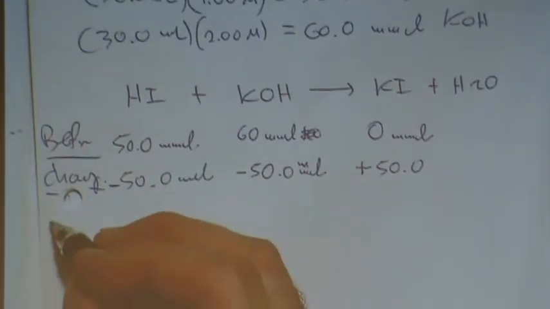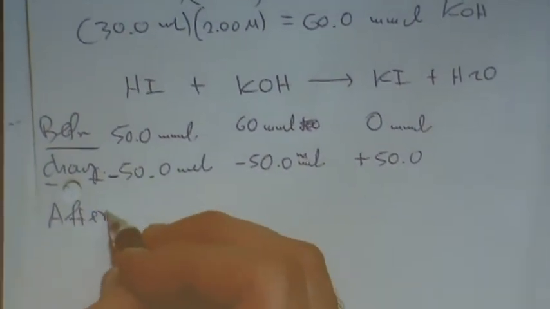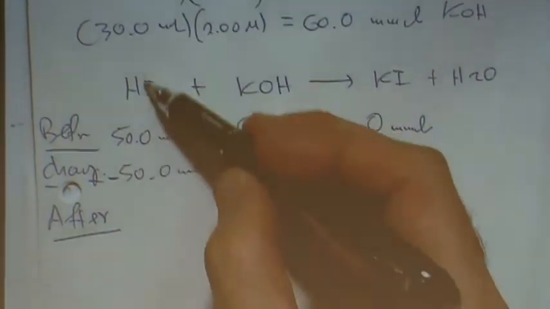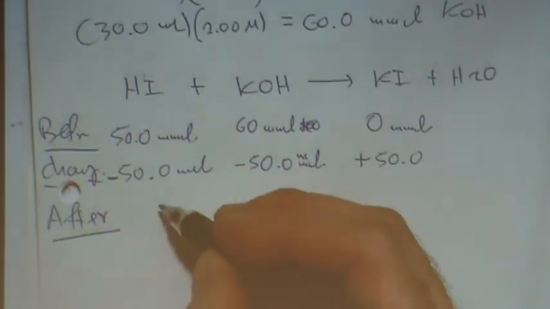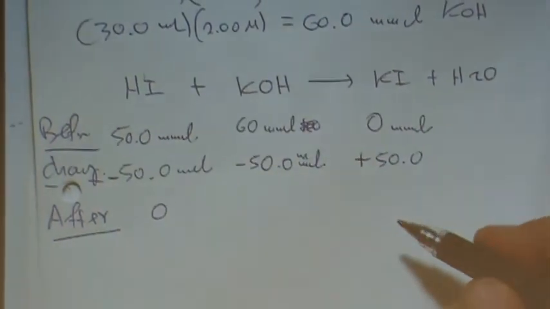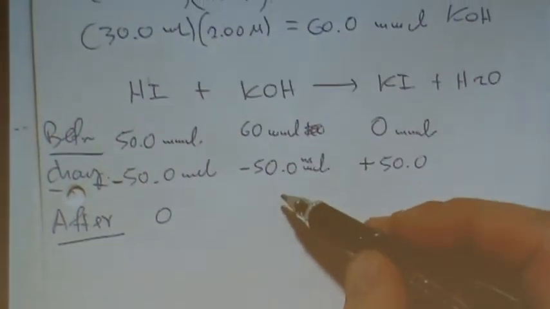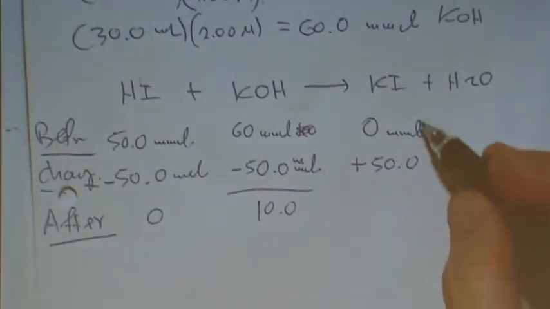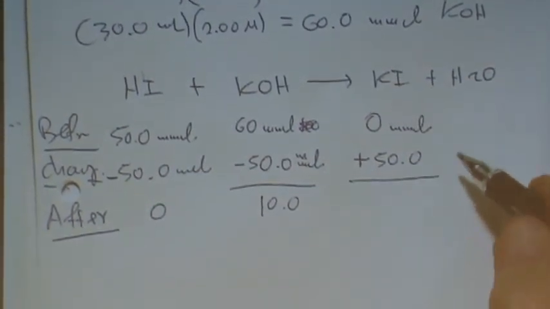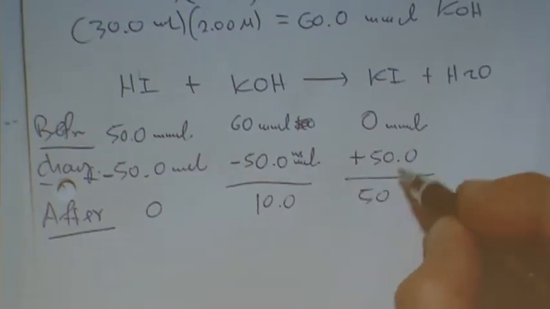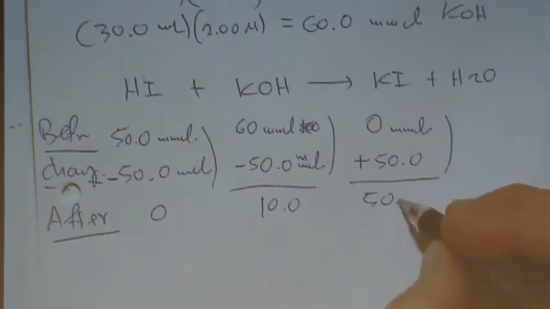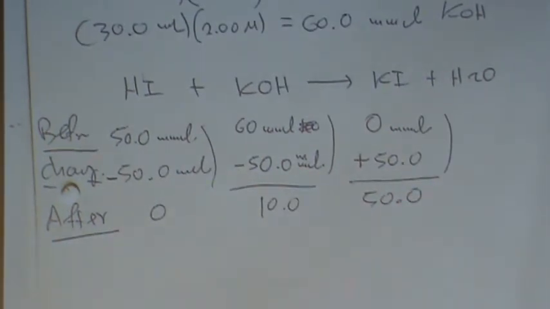So after the reaction is done, how many millimoles do you have of hydrogen iodide? 0. How many of potassium hydroxide? 10. How many of potassium iodide? 50. Because it's the sum, right? Can you see that? The algebraic sum. Okay, so when this reaction is done, what do we have as the product?